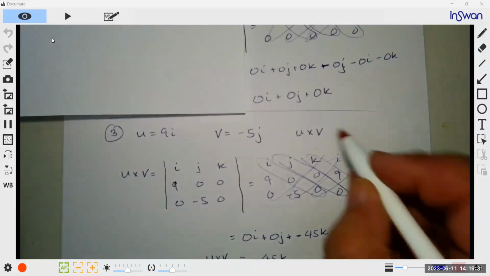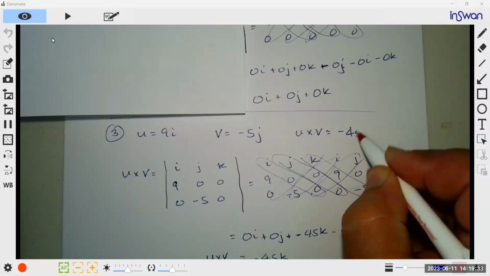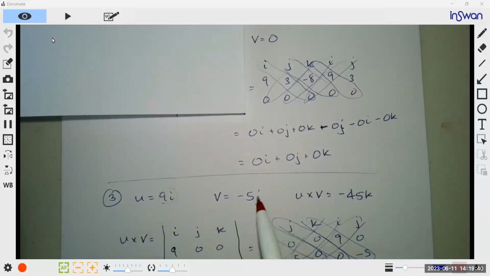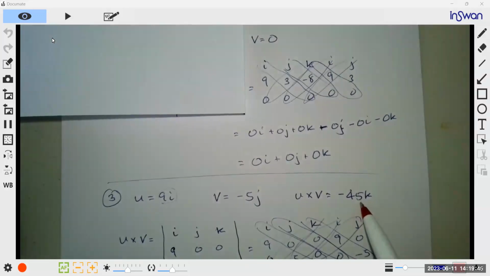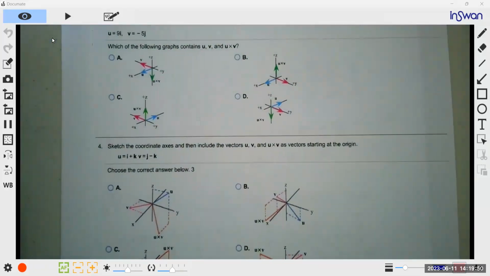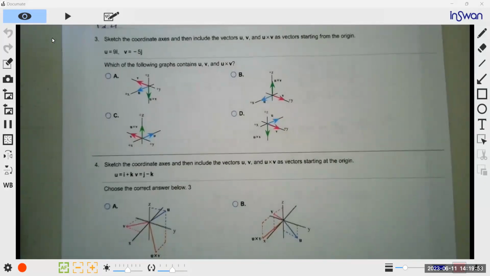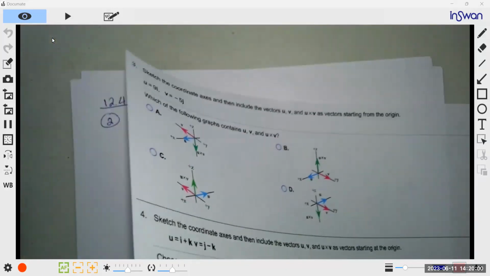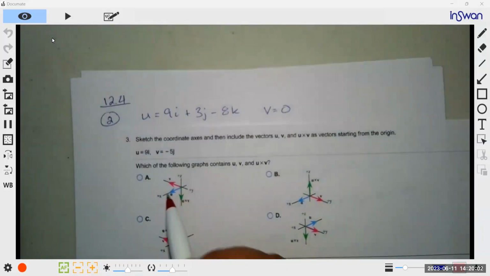So what does this tell us? We're looking for, on the x-axis, it's positive. On the y-axis, it's negative. On the z-axis, it's negative. Okay, so it's positive on the x-axis, so it can't be that one, and it can't be that one.